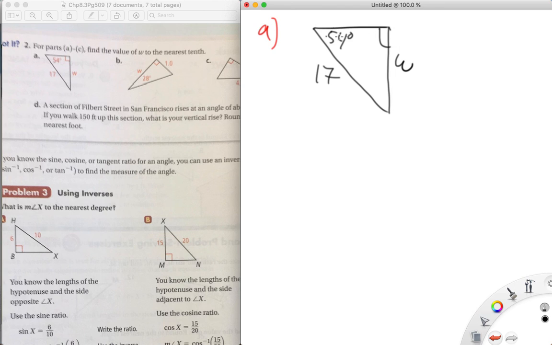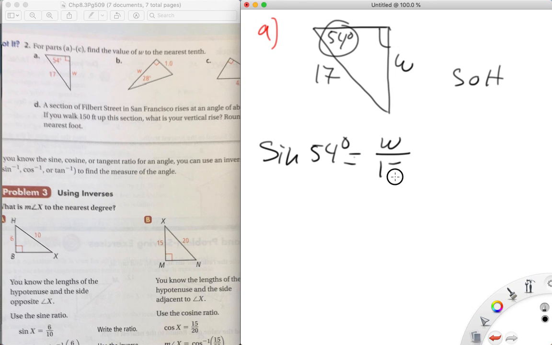So to set this up, sine of 54 degrees is equal to, remember it's SOHCAHTOA, opposite over hypotenuse, so W over 17. We're solving for W, so I'm going to multiply both sides by 17. What I do on one side, I do to the other. That cancels.